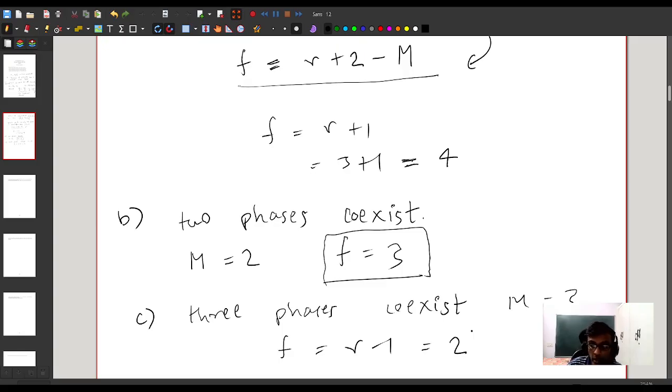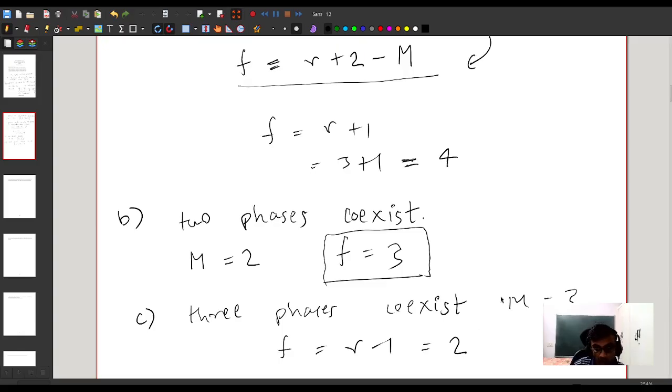So if you remember in the earlier sessions, we discussed in detail the Gibbs-Duhem relation, how all the intensive variables are not independent of each other. There's a condition which they have to satisfy, and they're related.